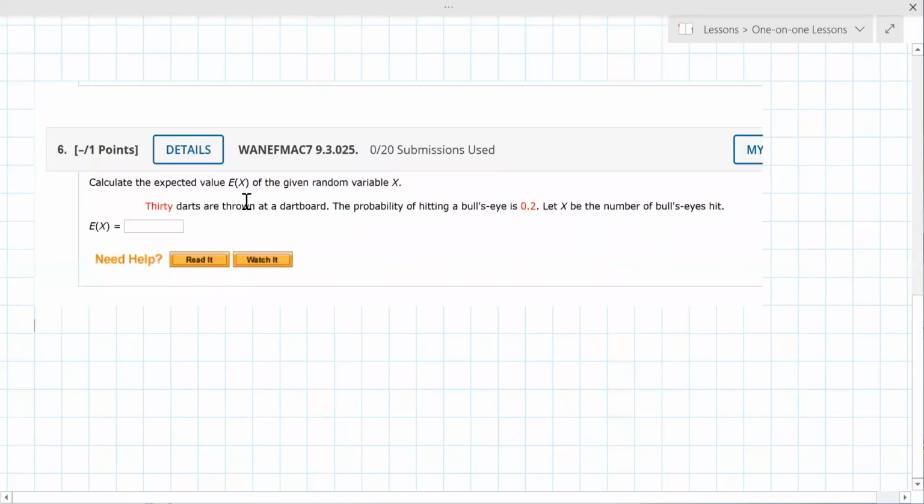Right. Question 6 says 30 darts are thrown at a dartboard. The probability of hitting the bullseye is 0.2. So this is the binomial distribution, and the binomial distribution has n equals 30 and p equals 0.2. The expected value of a binomial distribution is always n times p.